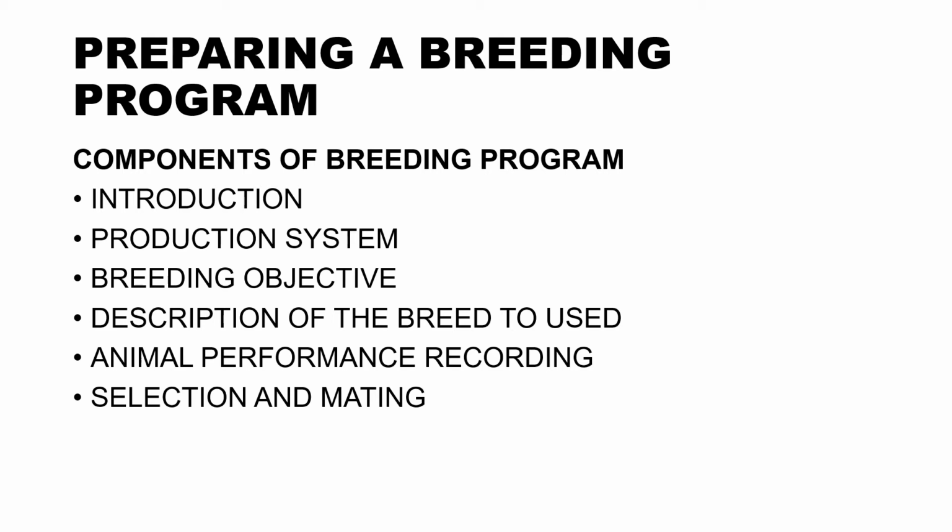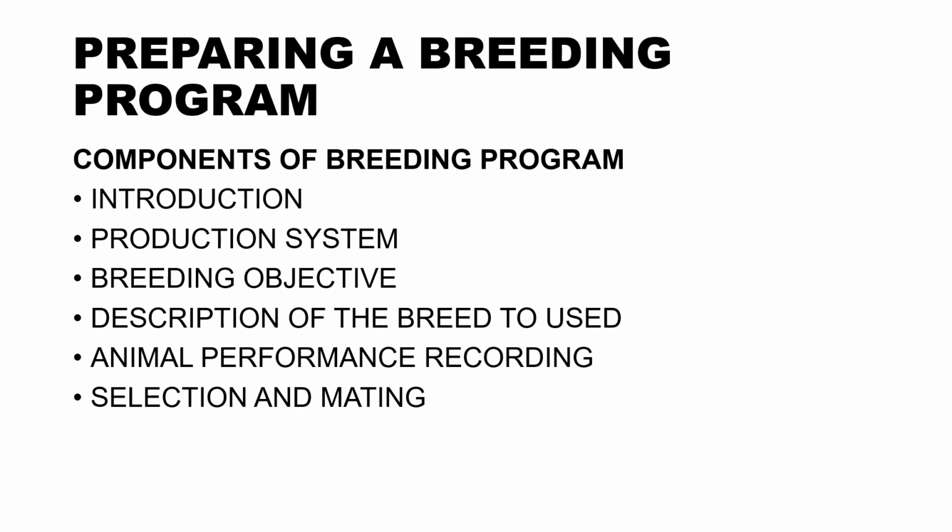So, dito, i-elaborate mo kung anong production system yung gusto mo. Breeder to weaner, piglet to weaner, grower to finisher, mga ganun. So, depende na yan kung anong gusto mong production system. And then, yung breeding objective mo, dapat dito, you state kung ano yung gusto mong ma-attain doon sa breeding program mo. So, yung breeding objective dapat in relation to the production system.